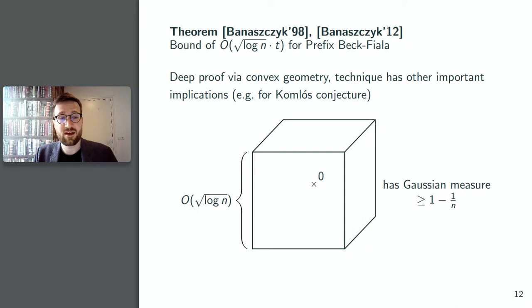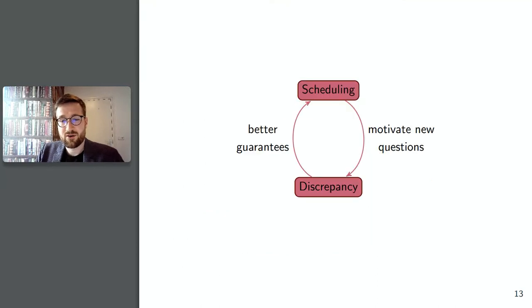Still, it's absolutely amazing that this improves over the easy extreme point kind of argument. So for the remainder of the talk, we will borrow these methods to also get better guarantees for our scheduling problem. At the same time, I think there are also things that are interesting for discrepancy theory.